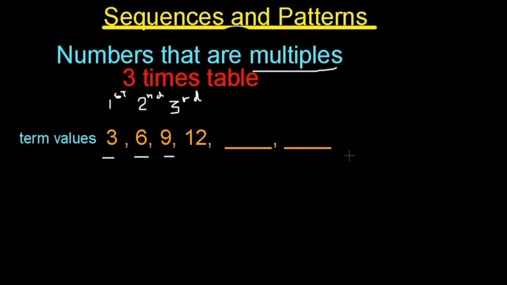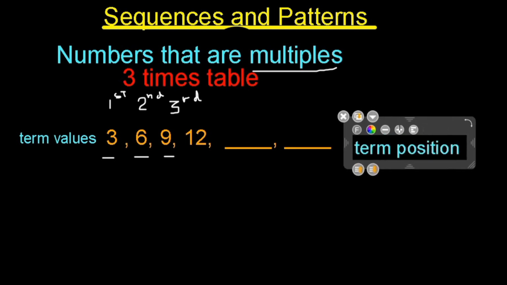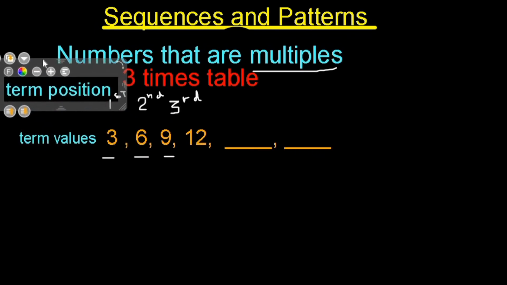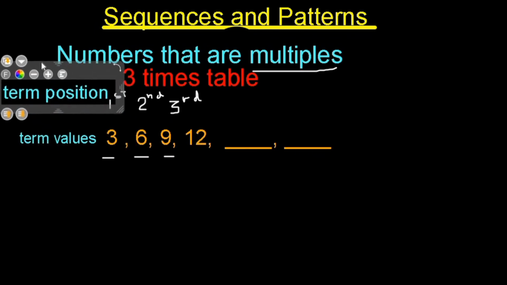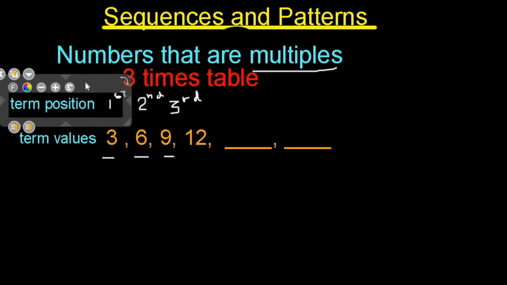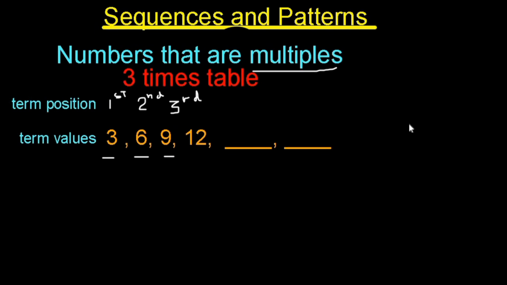So these are standing at first, second and third positions. So we are going to call them the term positions. 3 is a term and its position is first in this sequence.